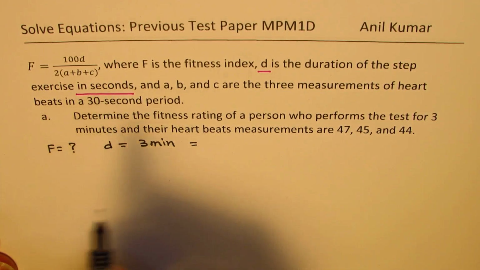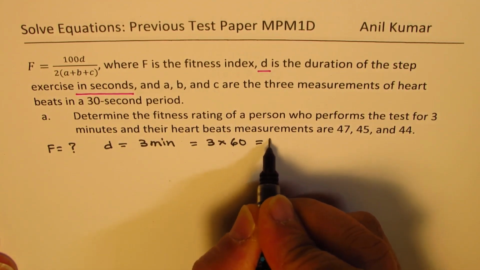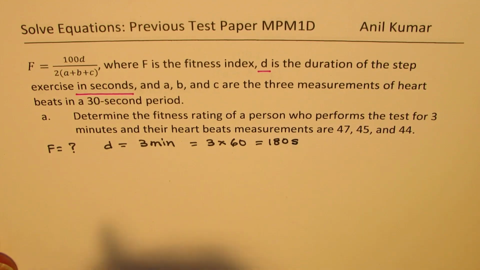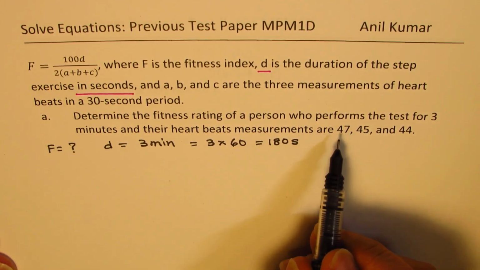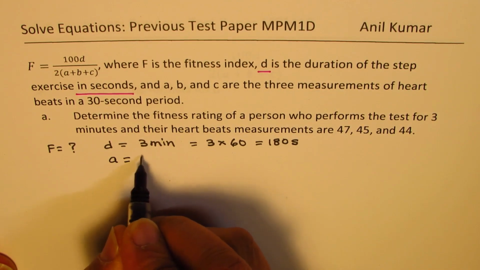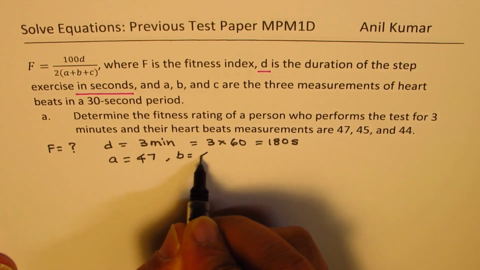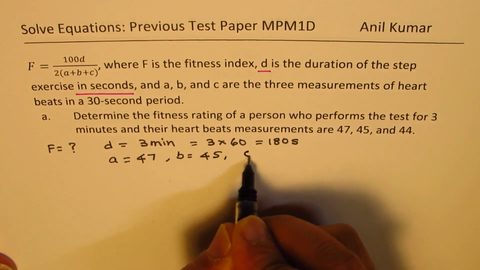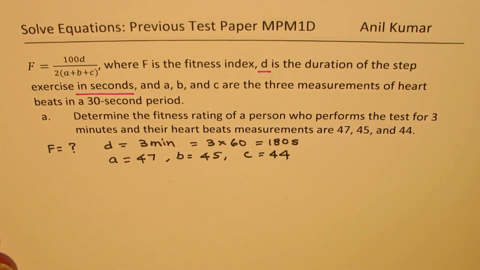D should be converted to seconds, so we'll multiply this by 60 to get 180 seconds, correct? As far as A, B, C are concerned, the values are 47, 45 and 44. So we can write A as 47, B as 45 and C as 44 to calculate the value of F, right?